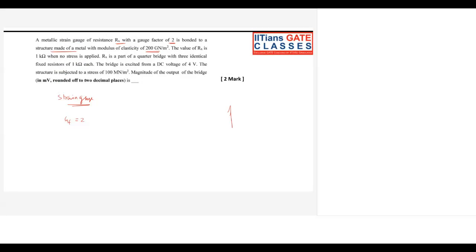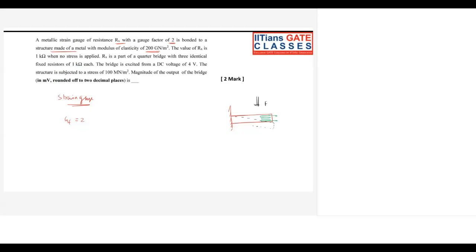So generally, let's say this is my cantilever. On this cantilever we bond our strain gauge. So let's say we have the strain gauge like this. We bond it to the cantilever, and then if you apply force to the cantilever, the cantilever will bend. It will change its position and come here.